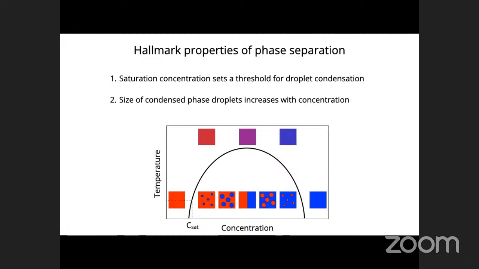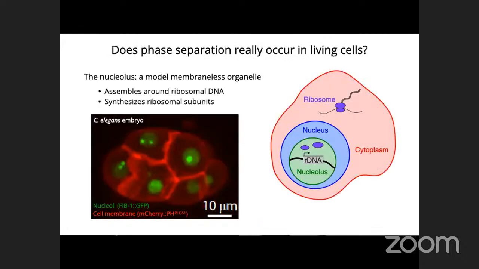I glossed over this, but the nucleolus, the one that I'm going to show you, its function is to synthesize ribosomes. Ribosomes are large molecular complexes in cells that make proteins.